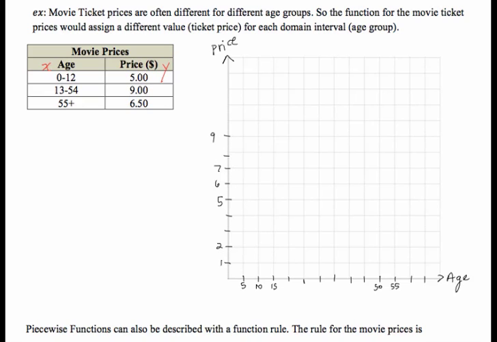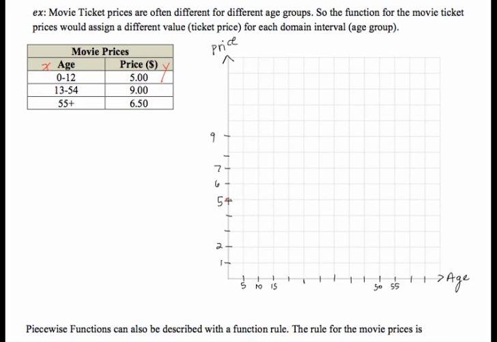Okay, so now let's graph the function. If your age is between 0 and 12, you pay $5. Now it does get a little tricky in here. You pay $5 from the time you're a newborn all the way up to the time you're about 12.